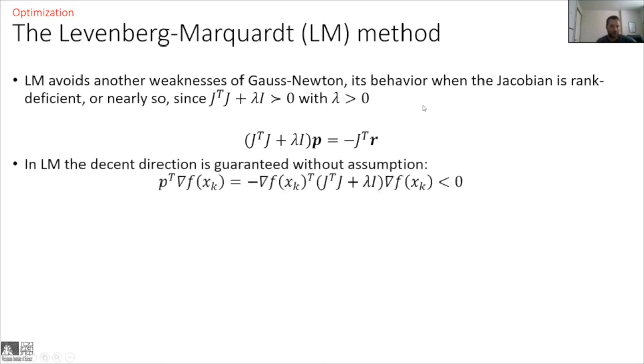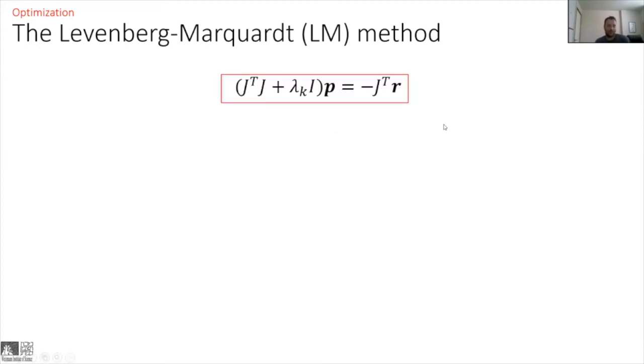So now, without assumption, because we got a positive definite matrix, we guarantee that we have a descent direction. All right, as we did in the two previous methods, to check the descent direction.